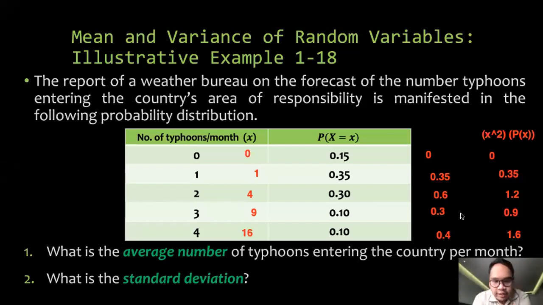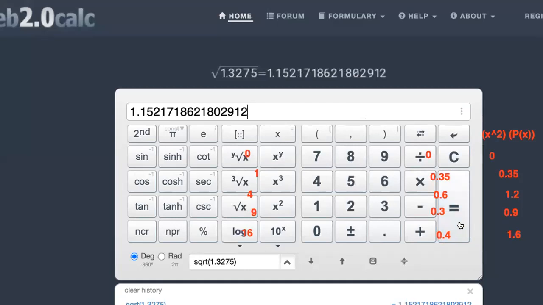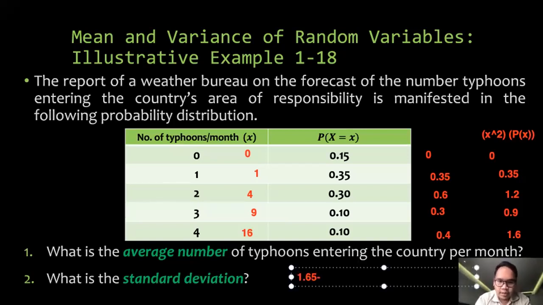But take note, the variance is not what is asked here, but the standard deviation. What we need to do is get the square root of this. It's going to be 1.15. So the standard deviation is 1.15, meaning our mean is 1.65, plus or minus 1.15. So the intervals are 1.65 minus 1.15 and 1.65 plus 1.15.